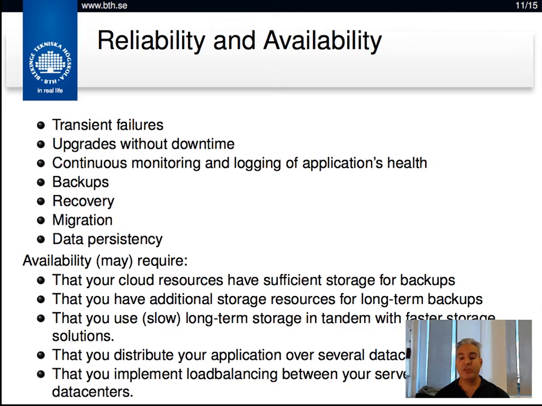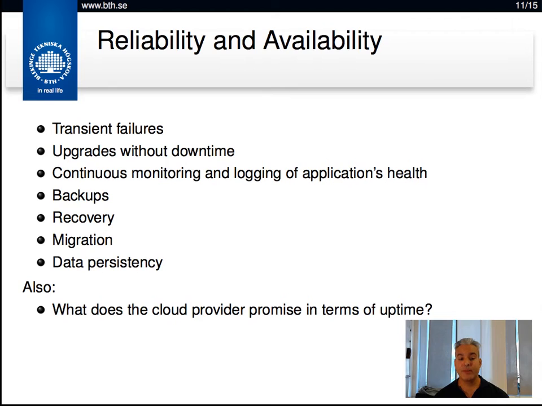Distribution of your application over several data centers, so that if a data center goes down, your application can continue running. And load balancing, of course, between your different data centers or your different servers within that one data center as well. One interesting aspect to look at here is what does the cloud provider promise in terms of uptime?